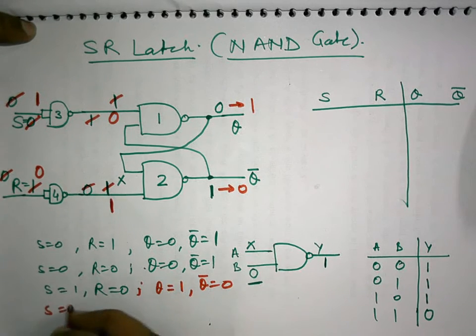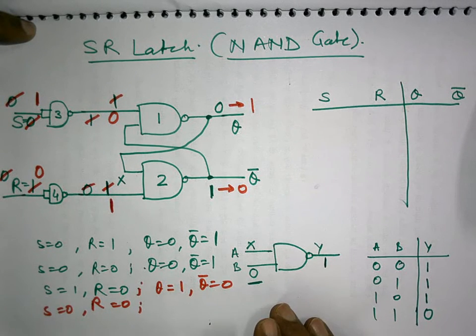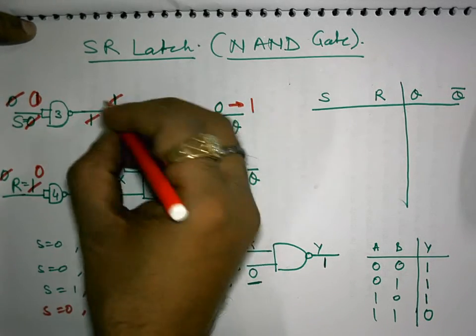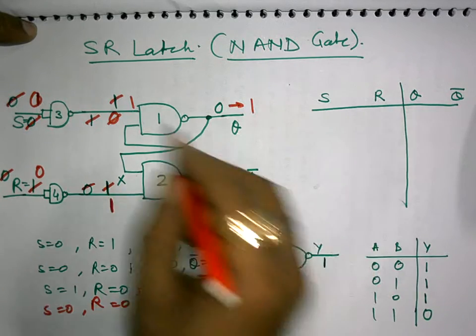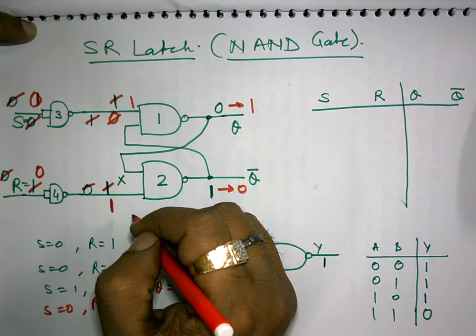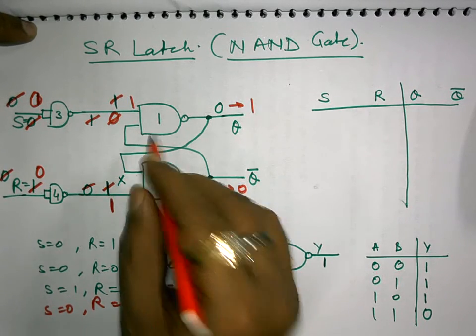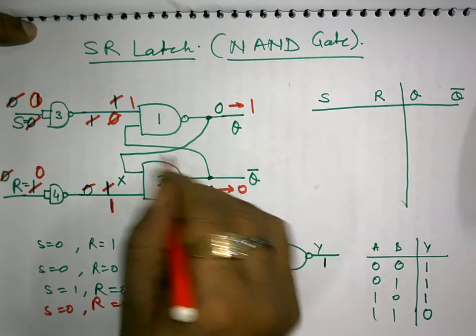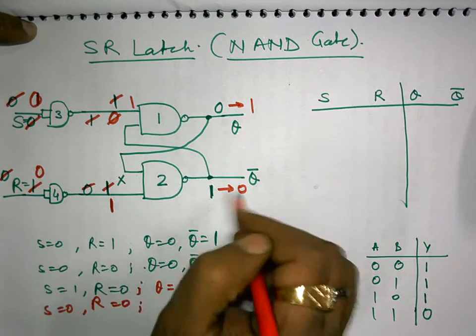Suppose after this we withdraw the input, meaning S is equal to 0 and R is equal to 0, what will happen? S is 0 and R is 0 means 1 will come over here, and naturally none of them is capable enough to make any decision for the output. We have to look at what is coming at the other input, and if 0 is coming from here, this makes it 1, and 1 and 1 make it 0.